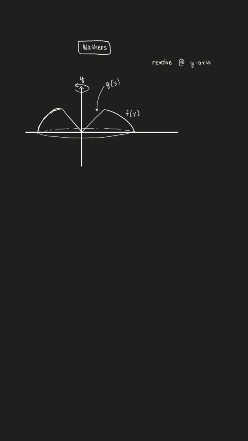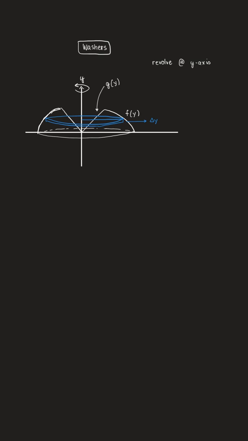Well, I'm going to do a representative disk that goes all the way to the outside function, f of y. And notice now that these little heights are delta y, so we're going to set up an integral with respect to y, where the outside radius of the outer disk is f of y.